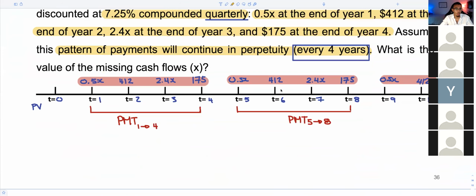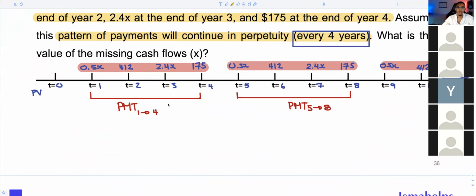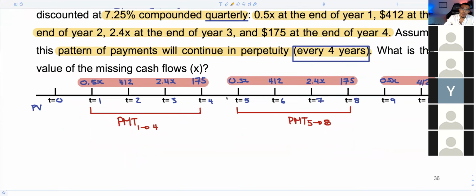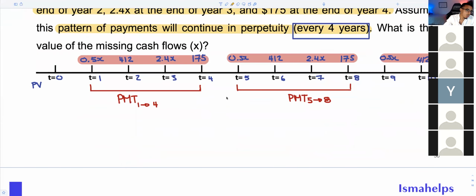Before we start looking at our real payment and what that would actually look like, it's very important for us to find what our k's are. We need to find our k's here because we were only given our quoted rate. We were only given this amount here. So we're going to need to play with that and get our effective annual rate and then solve for our effective periodic rate.